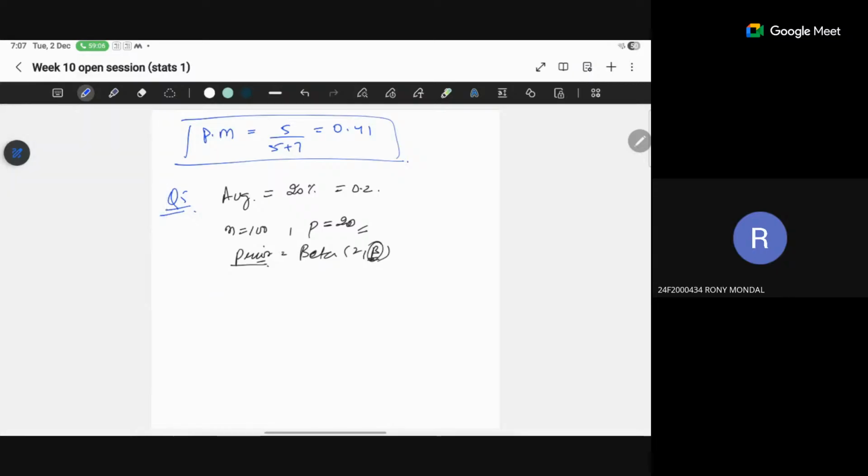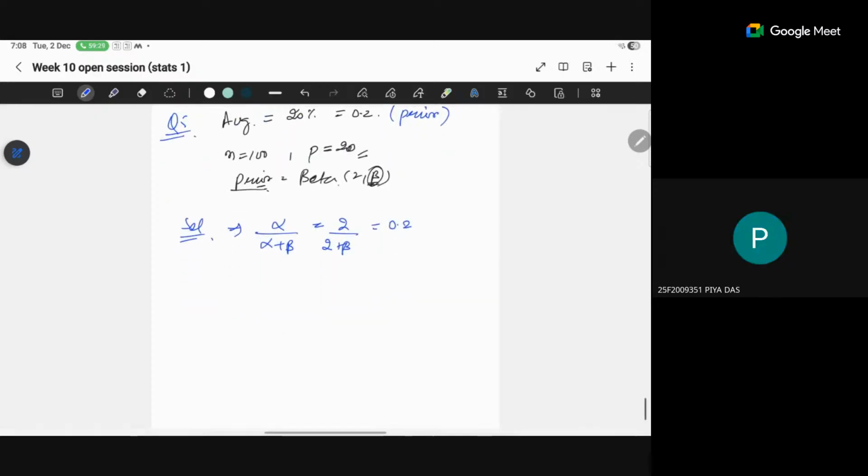How will we find it? We have been given this average, and this average is for the prior. We know the prior follows a beta distribution, and for a beta distribution the mean is alpha upon alpha plus beta, which is 2 upon 2 plus beta. This is 0.2, so 2 upon 2 plus beta equals 0.2.